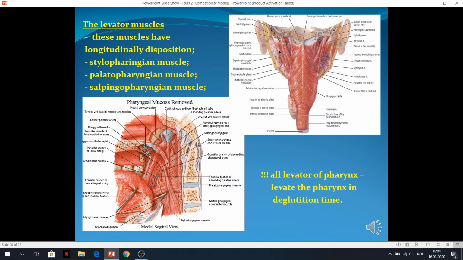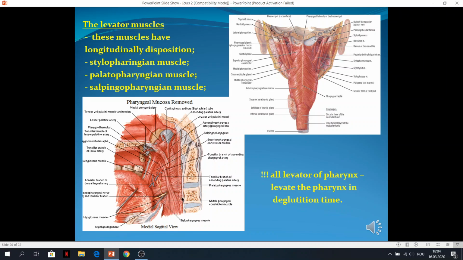So they are levators. They contract at the same time, so they elevate the pharynx. For example, you can see here stylopharyngeus from the styloid process. I'm sure, styloid process of the temporal bone. I'm sure that you remember it.